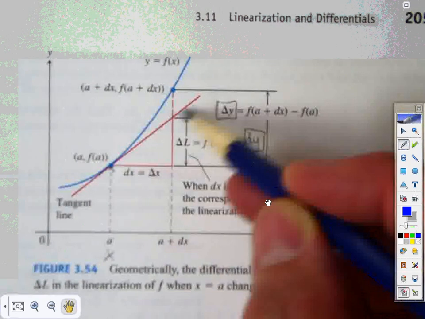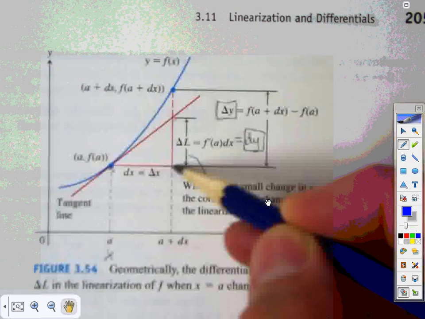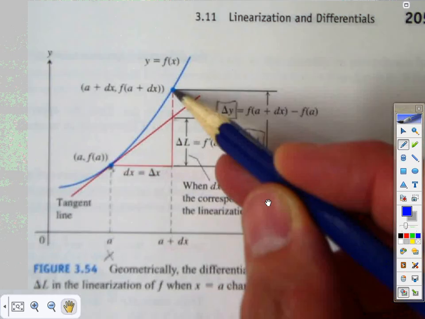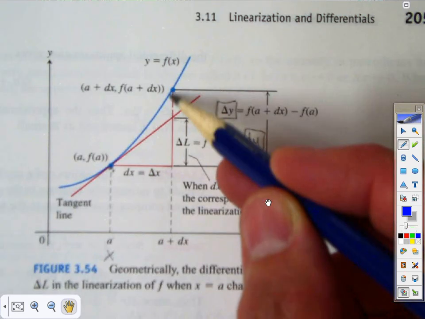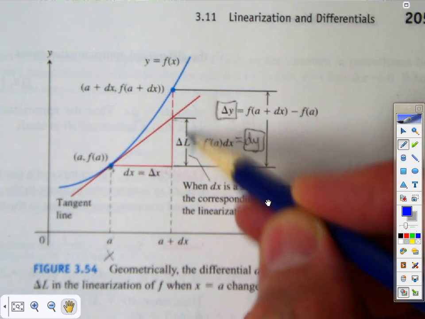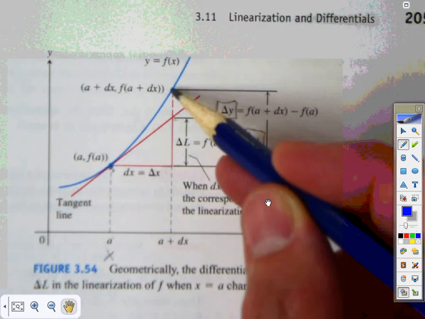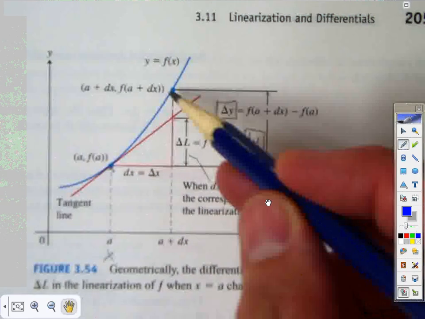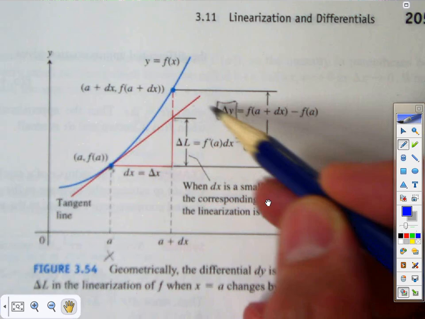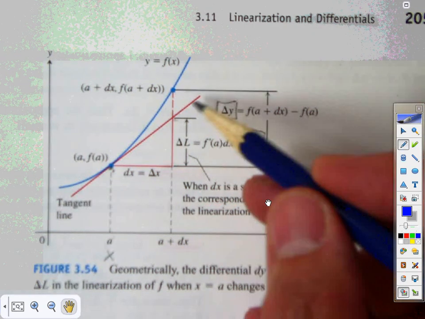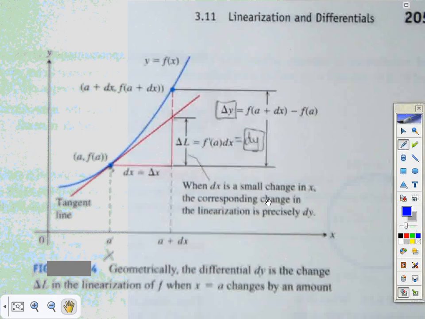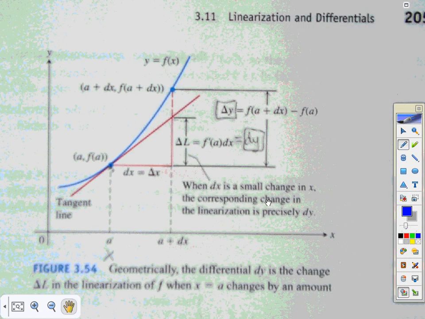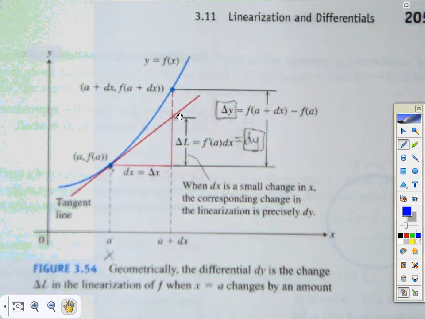Distance from here to here. When we include the rest of the distance from here to here, this would be a little y that we add to dy. And so this total distance from here to here is delta y. Now, in this particular problem, is delta y more or less than dy? More than that.